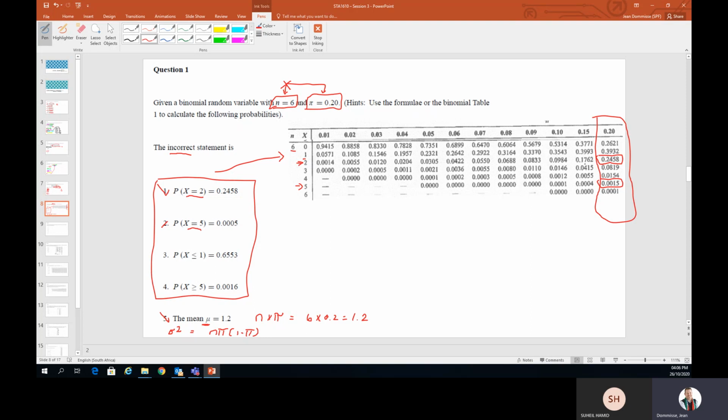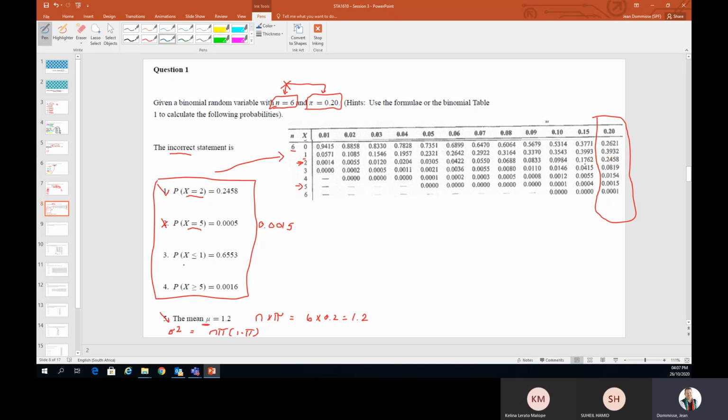So that one is incorrect, because it should be 0.0015. That is the incorrect one. But I also want to show you the other two, so that when we get that in the exam, you can also do that from the table.